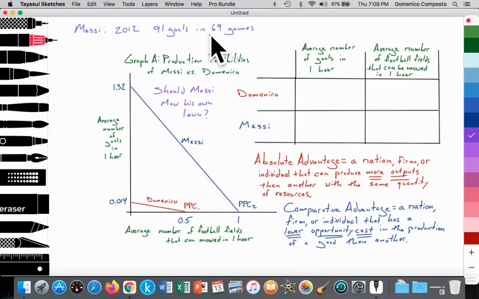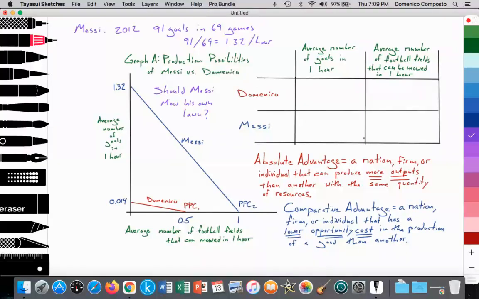Let's assume that one game is 1 hour. So 91 divided by 69 means that on average, he's scoring 1.32 goals per hour. That's how productive he is on the football field.